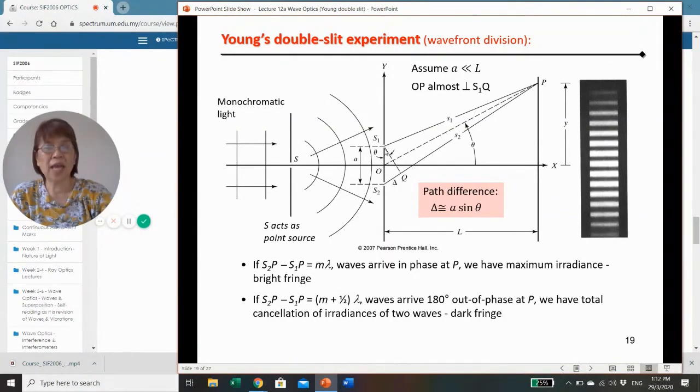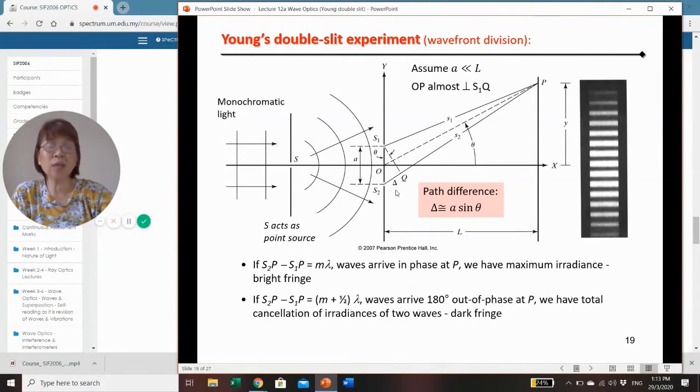Because this is so small compared to this, OP is almost perpendicular to S1Q. The S1 here will be equal to QP actually. But because, like I said, of the small angle approximation, we can take this to be almost perpendicular to here. So then the path difference between this path and this path will be S2 minus S1, that is equal to delta.